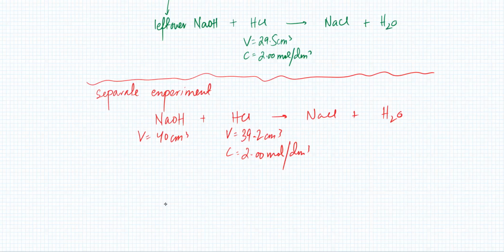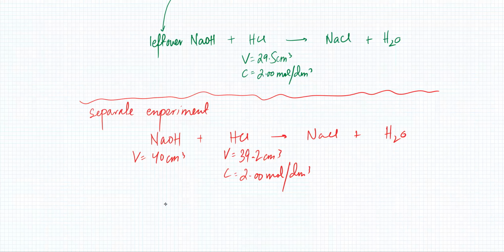What we can do is find the moles of HCl. Let's quickly find out how many moles of HCl there are. That's concentration times volume, 39.2 divided by 1000, that's volume in dm cube, into 2.